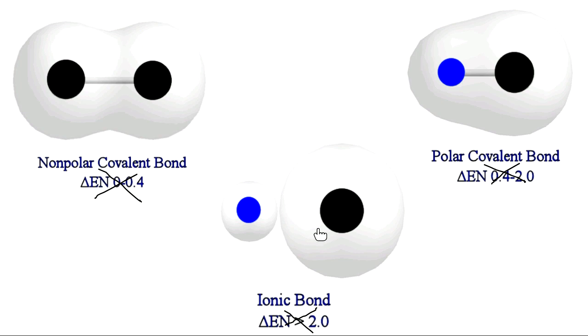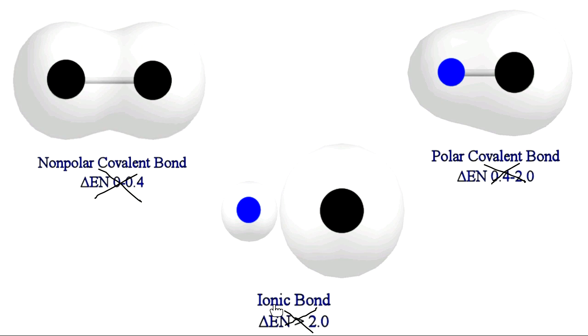As opposed to my polar covalent bond, where my electron maybe does two or three loops over here, then does a quick loop back on this side, and then another couple of loops over here. Electrons spend more time around one nucleus compared to the other in a polar covalent bond, but it still ultimately goes back and forth. With ionic bonds, you're either circling this nucleus or that nucleus. You're never going back and forth between them. That's the biggest difference between a covalent bond, a sharing bond, and an ionic bond, a stealing bond.